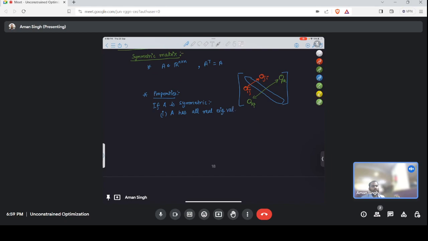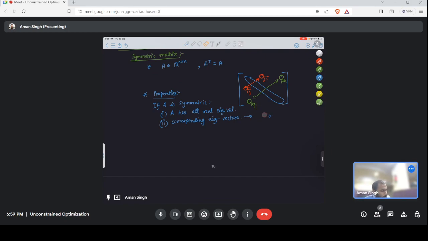All the n eigenvalues that A has are real. They do not have an imaginary component. They are all real. The corresponding eigenvectors are orthogonal to each other, mutually orthogonal.